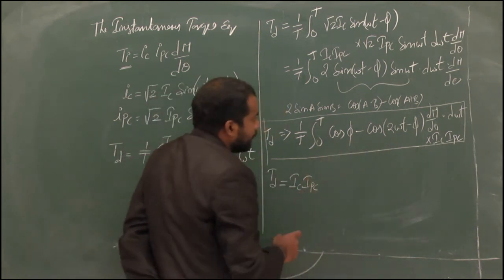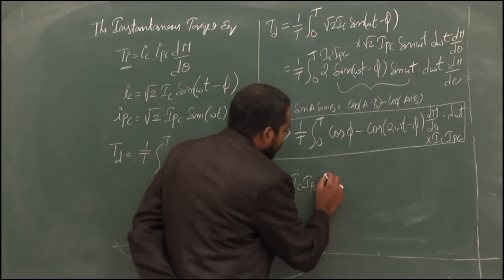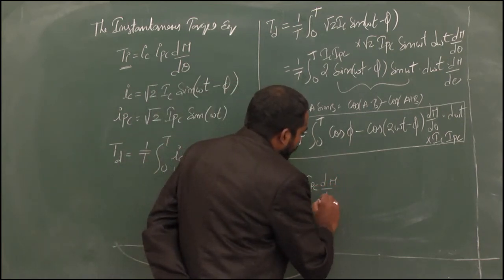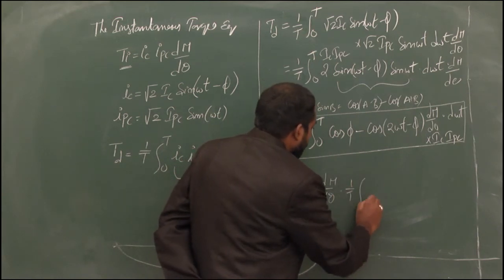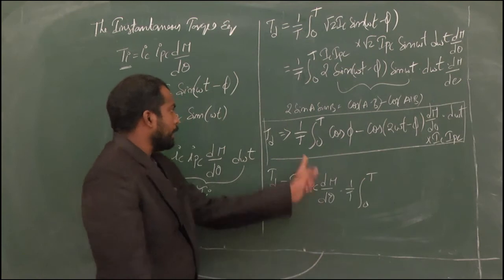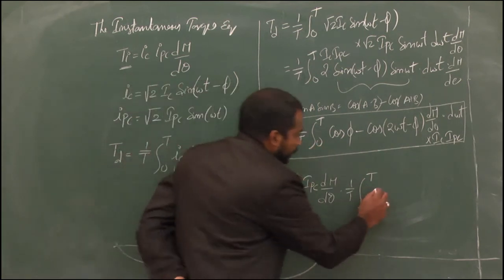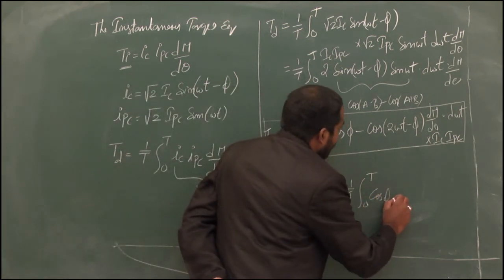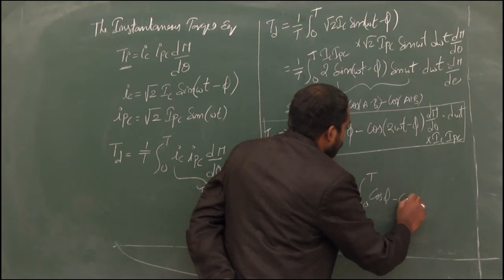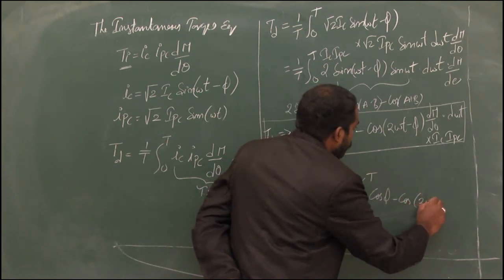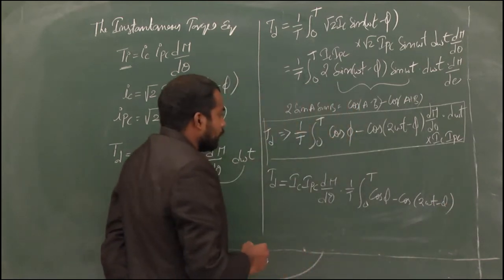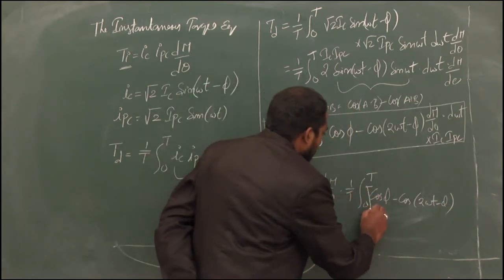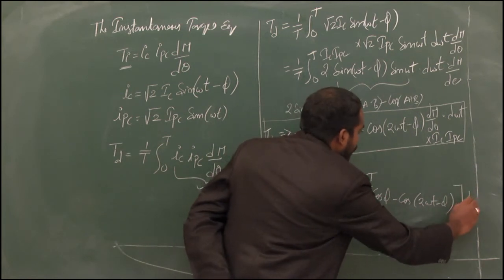I am simplifying this equation, so you get IC IPC dM by d theta into 1 by T integral 0 to T of cos phi minus cos of 2 omega t minus phi, into d omega t.